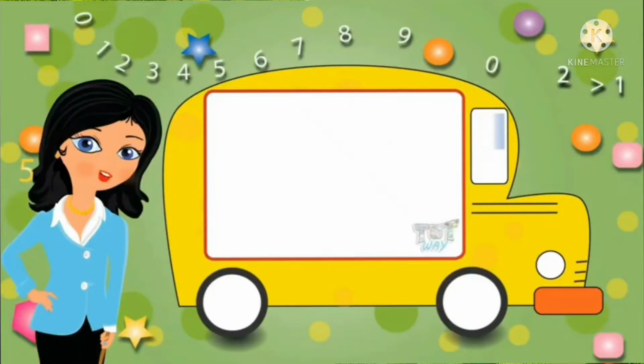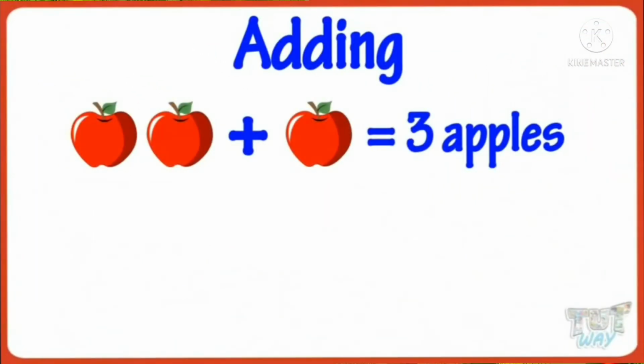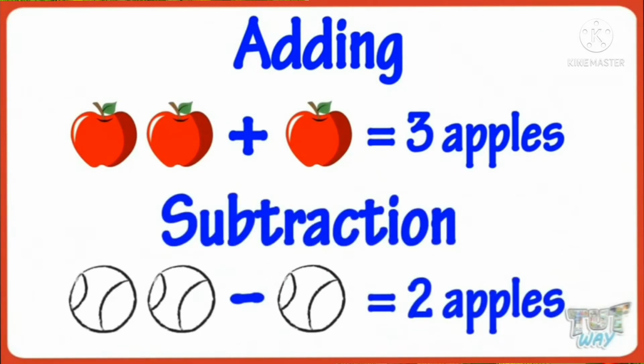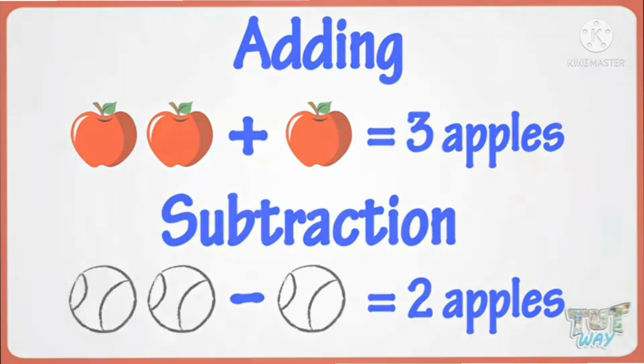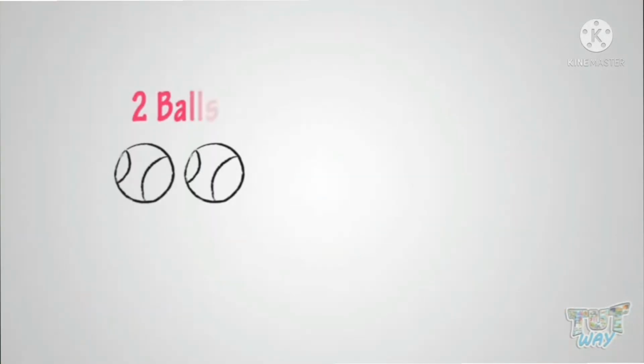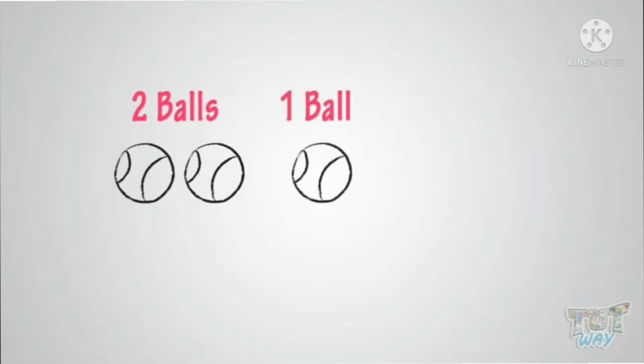Hi kids! Today we are going to review what is addition and subtraction. Let's start with addition. Two balls are drawn here. I draw one more ball. How many balls are drawn in all now?